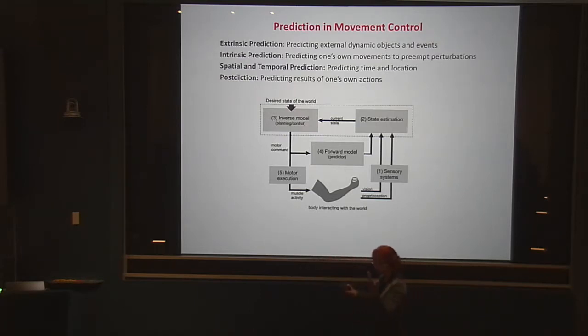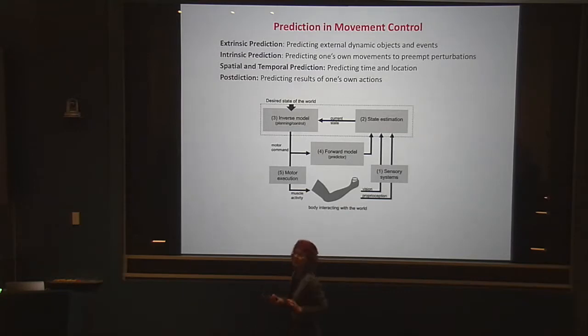In order to prevent perturbing myself, what I, as a neurotypical, healthy individual, do is my whole trunk muscles start to contract in ways that counter the mechanical perturbation that I induce by lifting my hands. This is based on internally predicting the effects that my hand will exert onto the rest of my body.